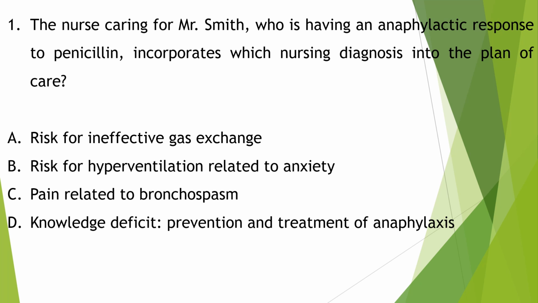When a patient is having an anaphylactic reaction, the patient has difficulty breathing, bronchoconstriction and edema that lead to risk of ineffective gas exchange. So risk for ineffective gas exchange is the priority nursing diagnosis. Hyperventilation and pain may occur, but they are not the priority, and neither is knowledge deficit.